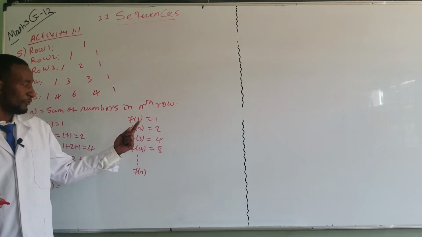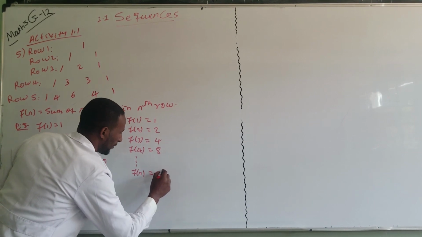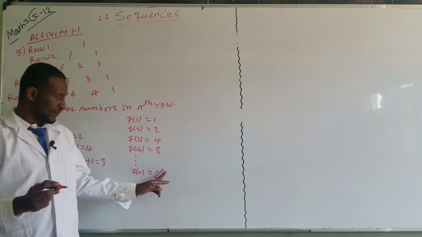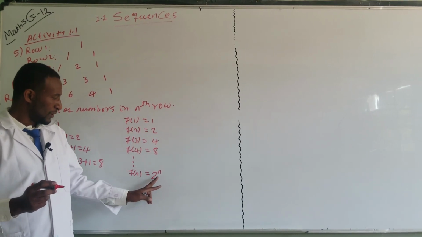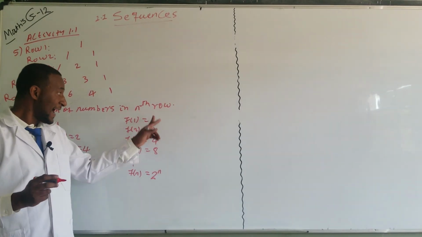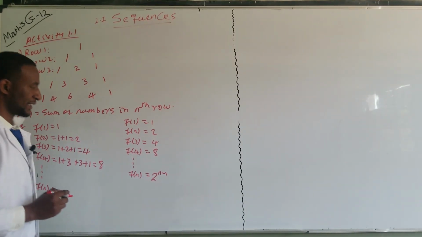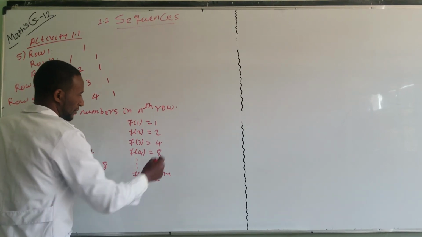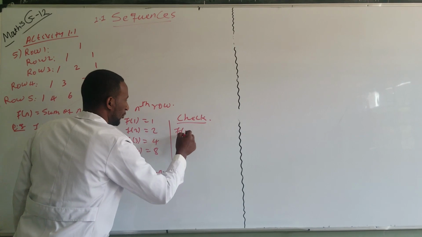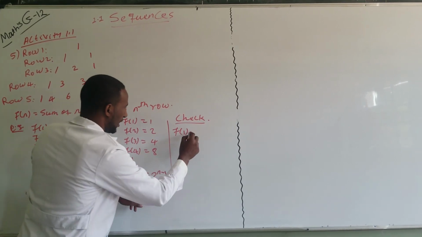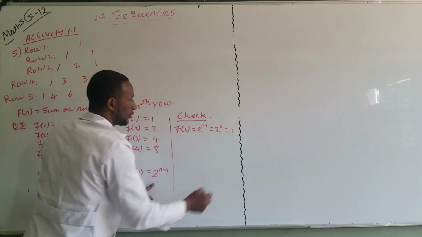it shows 2 to the power of n. But to get the first term, if we put 1 in place of n, 2 to the power of 1 is 2, therefore to get 1 we must subtract 1 from n. To check, f of 1 is 2 to the power of 1 minus 1, which is 2 to the power of 0, equal to 1.